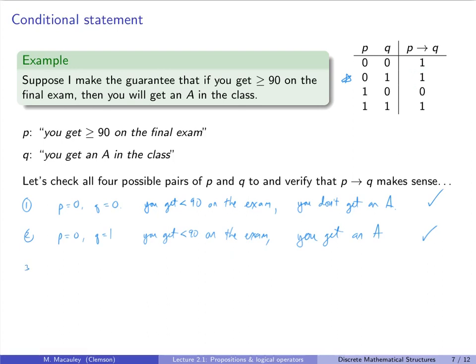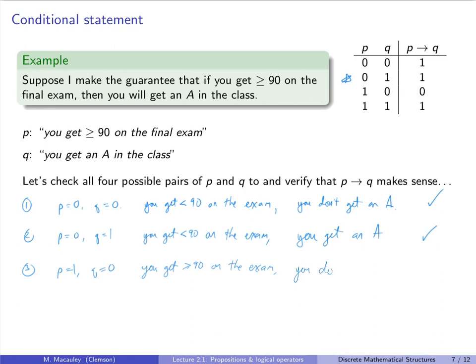So next, the third line is when P equals 1 and Q equals 0. Here, you get at least 90 on the exam. But since Q is 0, you do not get an A in the class.